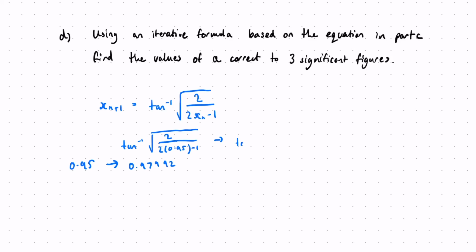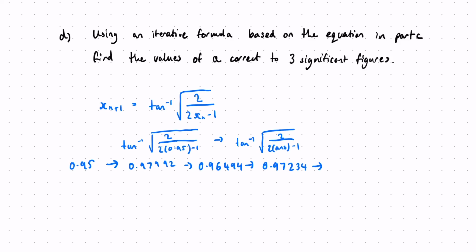But instead of typing it into my calculator again, I'm just going to go back into what I've already typed and change the 0.95 to answer. So now when I press equals, it's going to use the previous value every time. So the next value it gives me is 0.96494. Press equals again, it gives me the solution 0.97234.